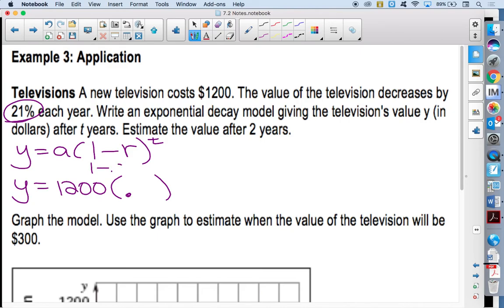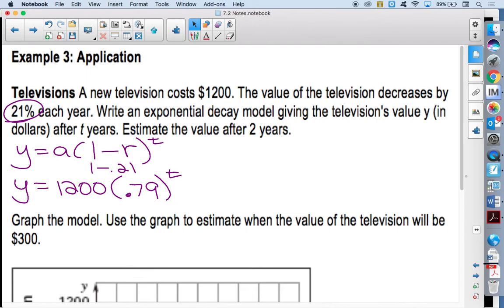Yeah, good. So 1 minus 0.21 would be 0.79 or 79%. So that's the value left on that TV after a year. That gets raised to the exponent of t, because it could be any number of years. So that makes it an equation once we have that t there.